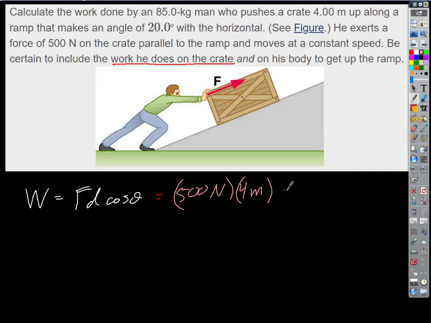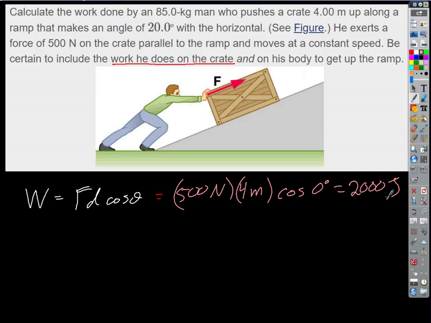I don't really even need to write this, but what's the cosine of 0? 1. Okay. So the most work is done when the force lines up with the displacement, right? So we end up with 2,000 joules of work he does on the crate.